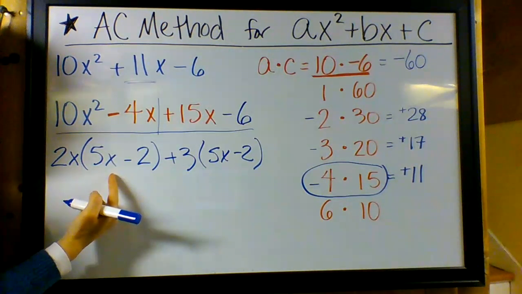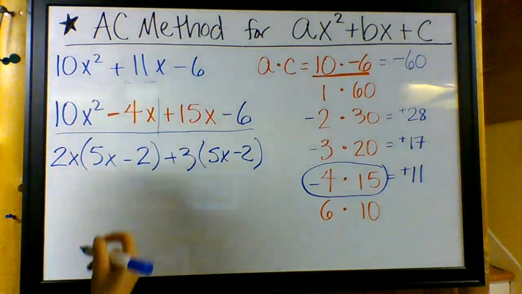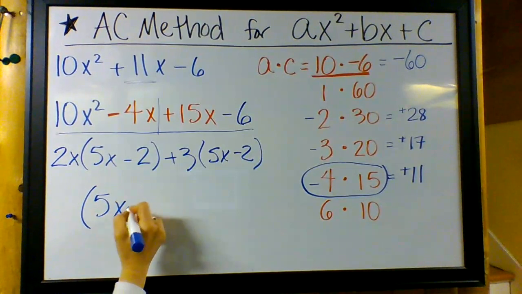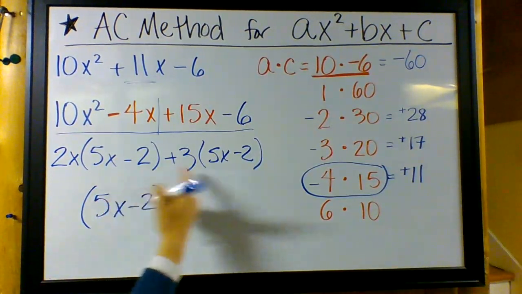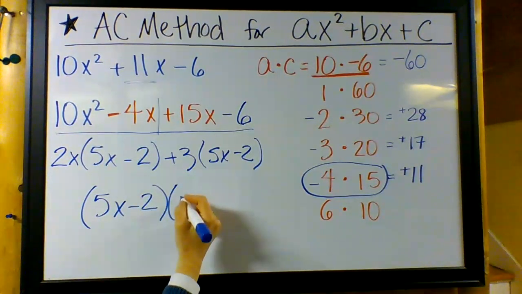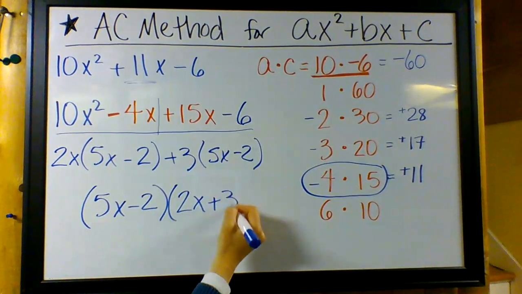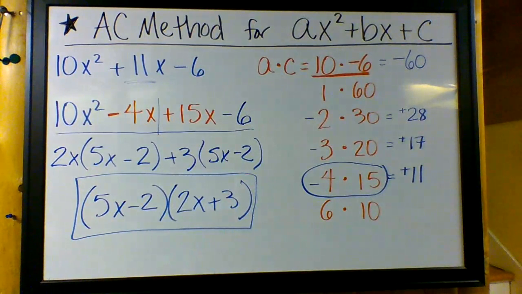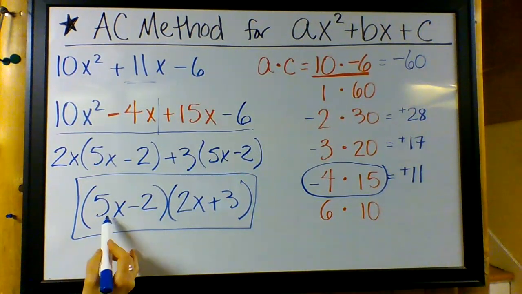So if I come down here, then I can pull out that binomial right out front. That's the binomial greatest common factor. Put the rest in parentheses, and I've got my factored trinomial.